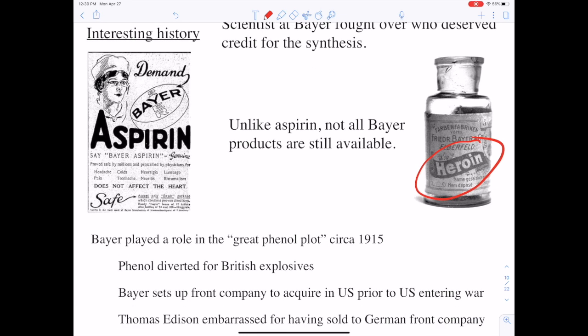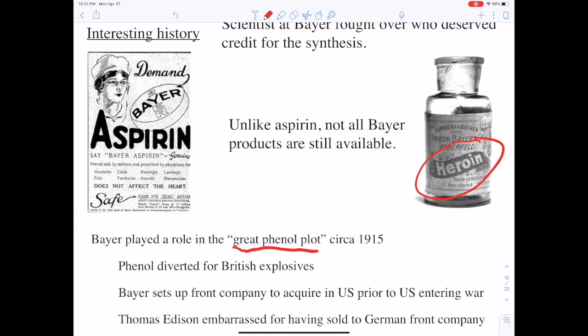There's also, you can look up on, say, Wikipedia or on the internet, the Great Phenol Plot. Back at the start of World War I, the U.S. was not yet in the war, but there was sympathy growing for the Allies versus Germany, although some people still wanted to support Germany.